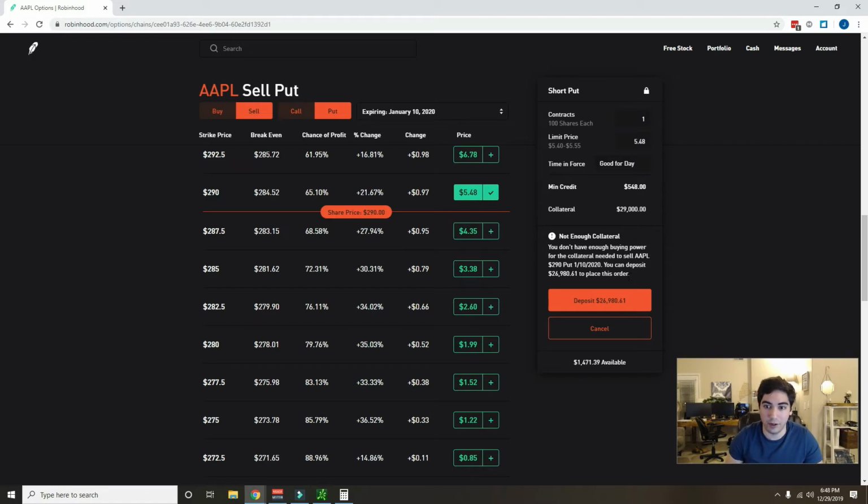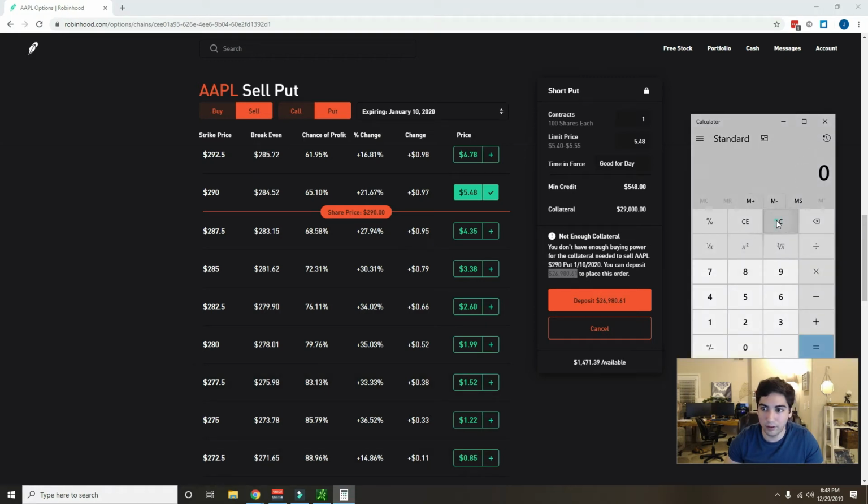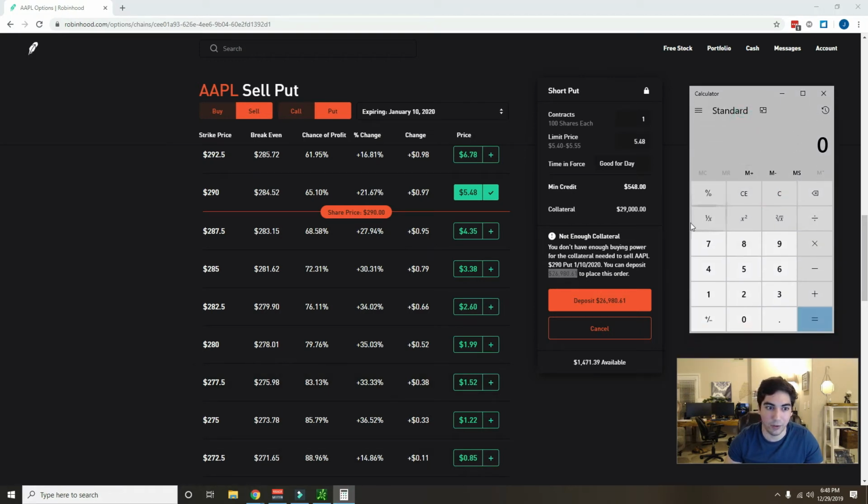So Robinhood is telling me, in case this bet goes wrong, you don't have enough money to cover it. I would need $26,000, almost $27,000 in my account to cover it. I already have a few thousand in my account, but Apple's trading at 290 and I need 100 of them.